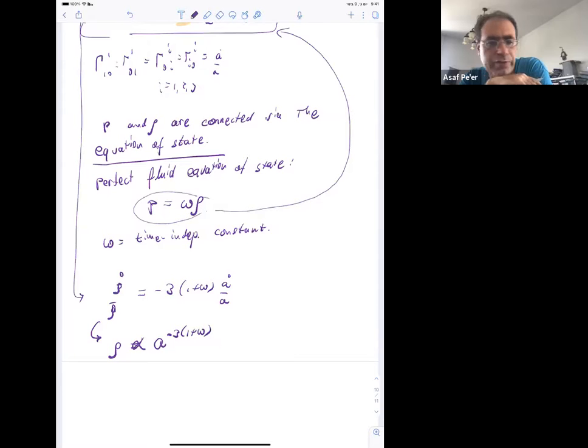Okay, this is pretty straightforward. So this is the conservation of energy, using the equation of state, which for a perfect fluid says the pressure depends linearly on the energy density.